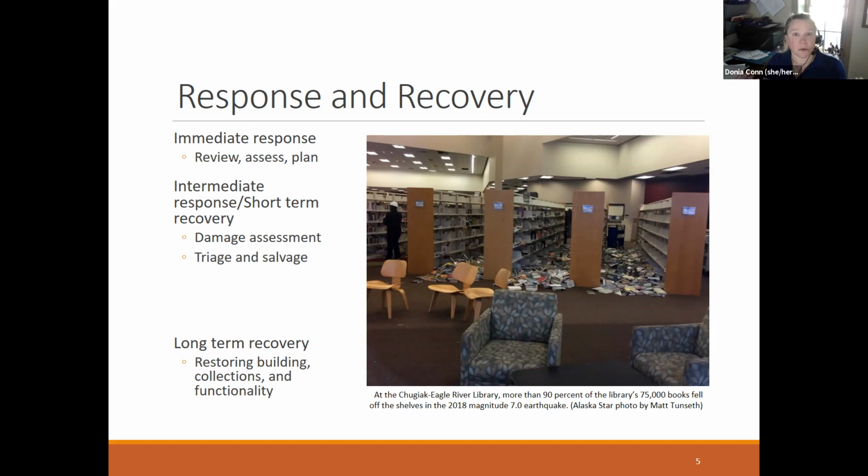And then when that earthquake is over, you come back to your building, and here we have a picture of the Chugiak Eagle River Library after the earthquake in 2018, and we can see books have fallen off of shelves. Not unusual for an earthquake. So then once we can get back into the building and it's safe, we can move into that transitional response leading to our recovery.